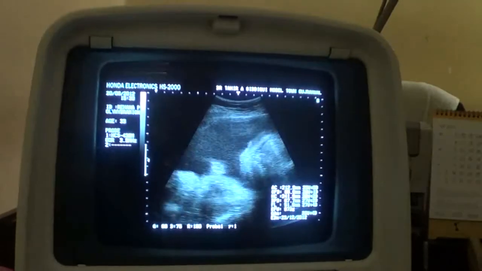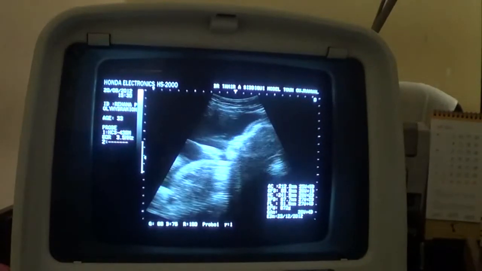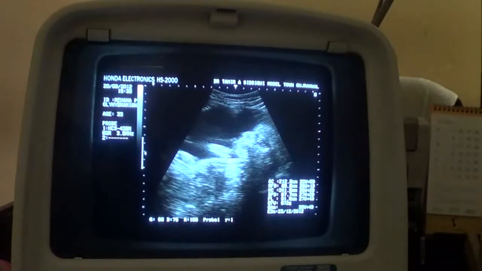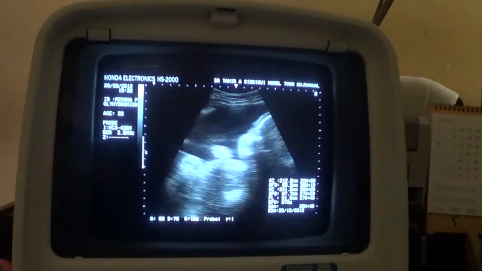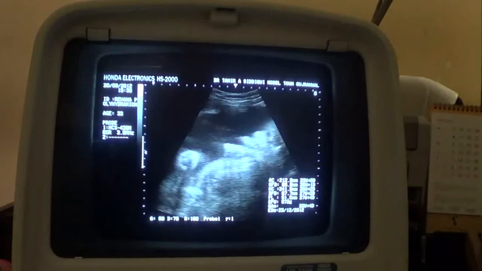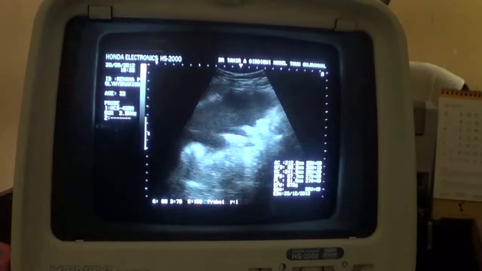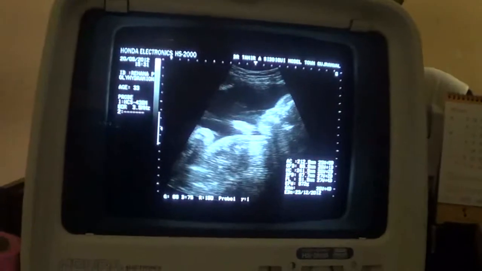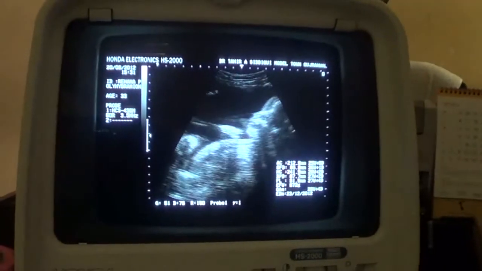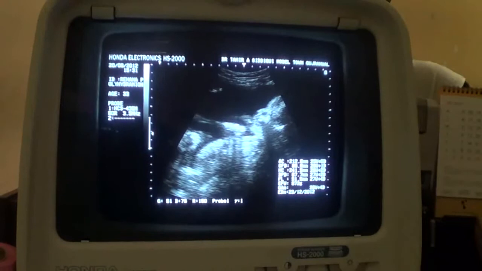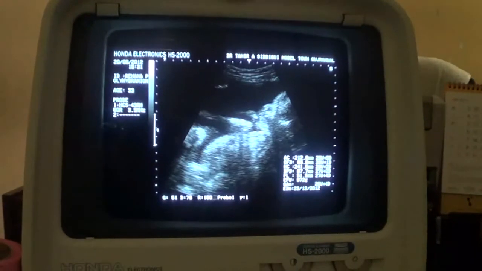And the fetus is pushed against the posterior wall of the uterus by the significant amount of fluid. That is the cause of pushing the fetus against the posterior wall.